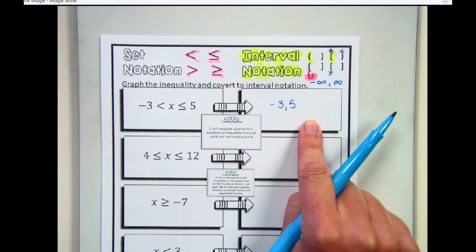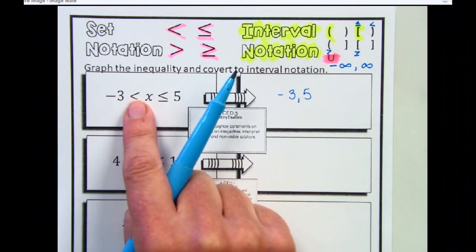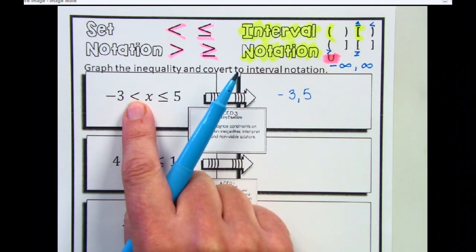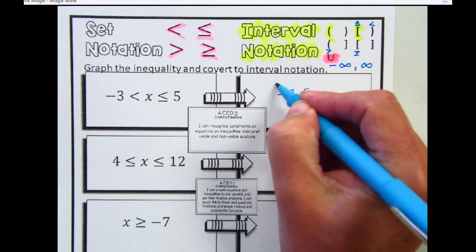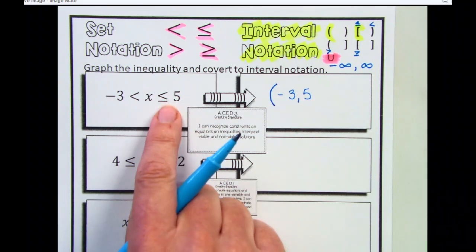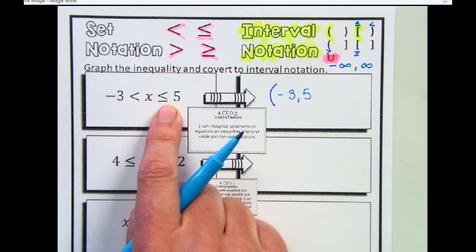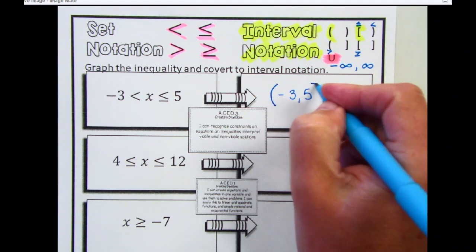But remember, now I want you to look at -3. Can it equal -3? No, right? It doesn't say or equal on the -3. So there's a 5. And on the 5, it is or equal, right? Because of that or equal.